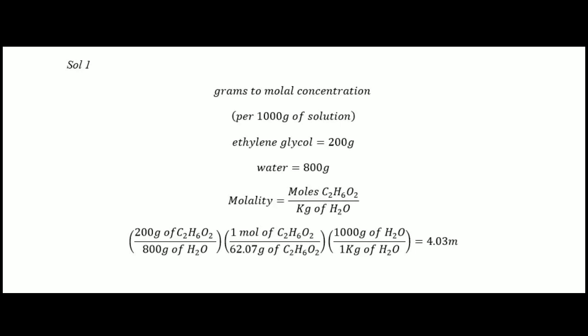Then we're going to perform the equation. 200 grams of C2H6O2 over 800 grams of H2O multiplied by 1 mole of C2H6O2 over 62.07 grams of C2H6O2, and then multiplied by 1000 grams of H2O over 1 kilogram of H2O, and we get 4.03. That will be the molality of the solute.